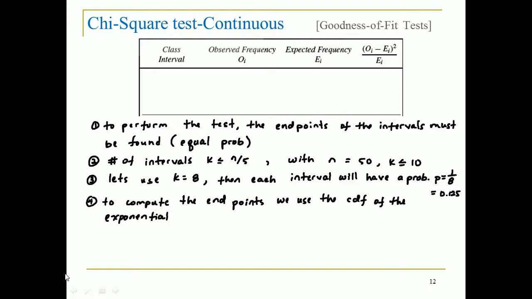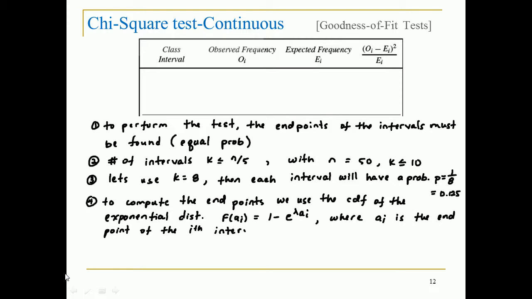We use the exponential distribution F of a_i equals 1 minus e to the lambda a_i, where a_i is the endpoint of the ith interval. Okay?